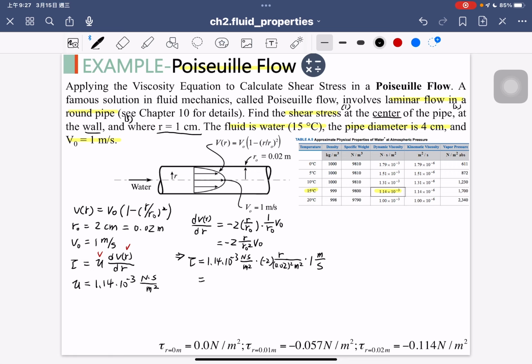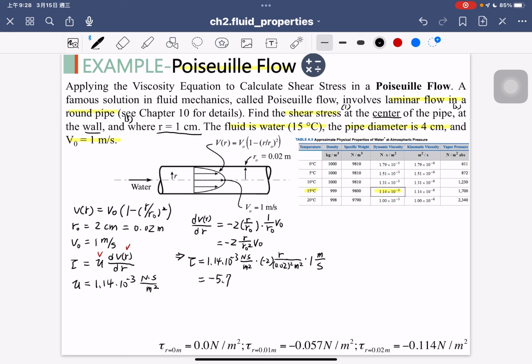Okay, so use your calculator to compute the constant number here: 1.14 divided by 1,000, multiplied by -2, and divided by 0.02 squared, and multiply by 1 meter per second. So the number here is equal to -5.7. And you can do some dimensional balance.